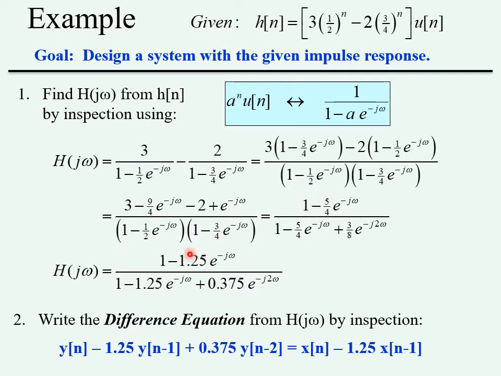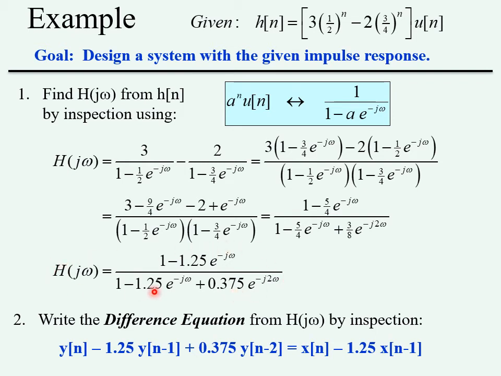The other thing I did on the bottom is I FOILed out these bottom terms, first, outside, inside, and last, and came up with this expression. The last step is to get rid of these fractions. So 5/4 is 1.25. Here's 5/4 again, 1.25, and then 3/8 is 0.375.